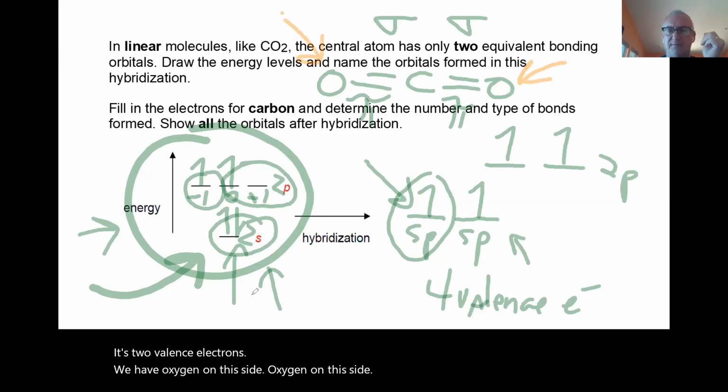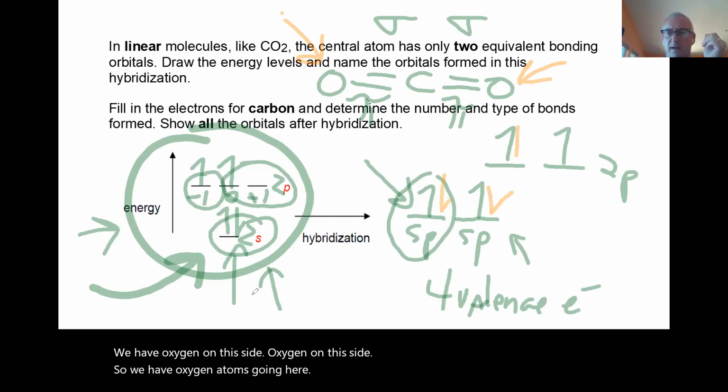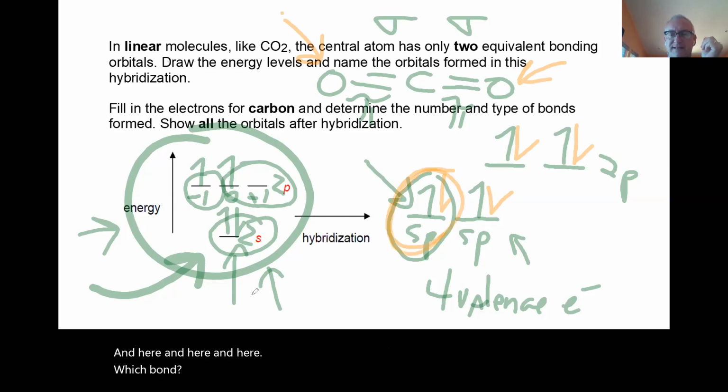So we have oxygen atoms going here, and here, and here, and here. Which bond represents this filled orbital? Sigma or pi?